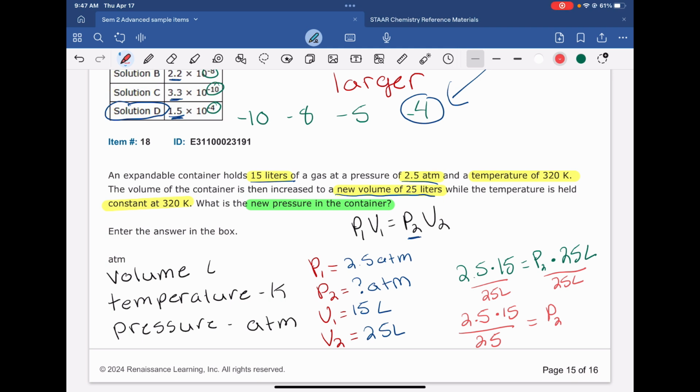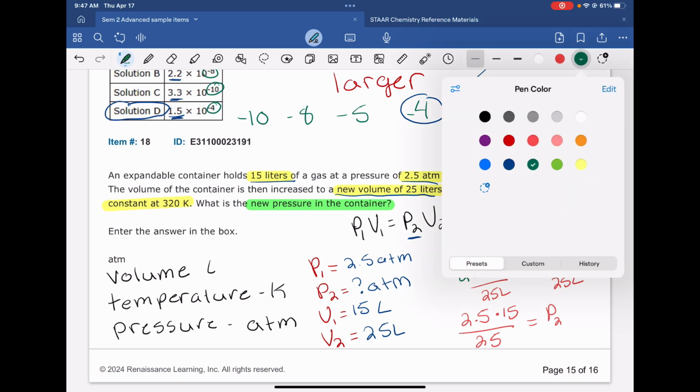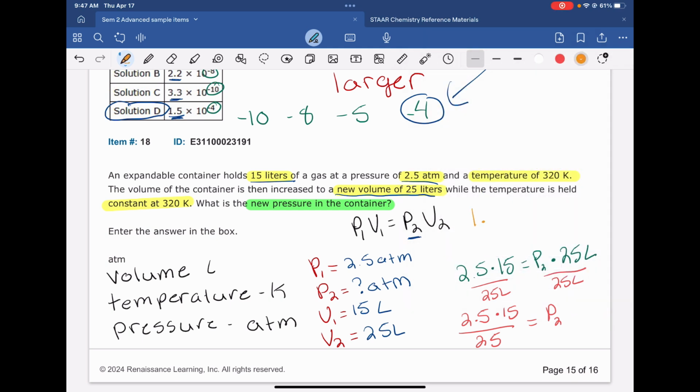And that is what you're going to plug in your calculator, 2.5 times 15 over 25. And that is going to give you 1.5 atm.